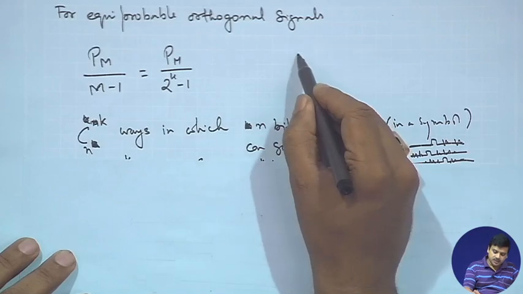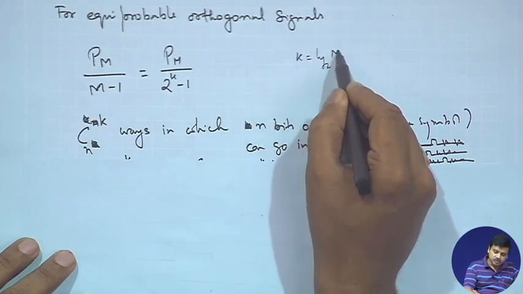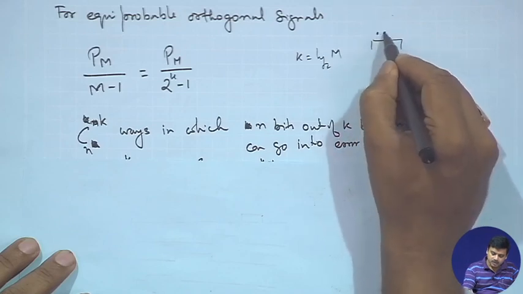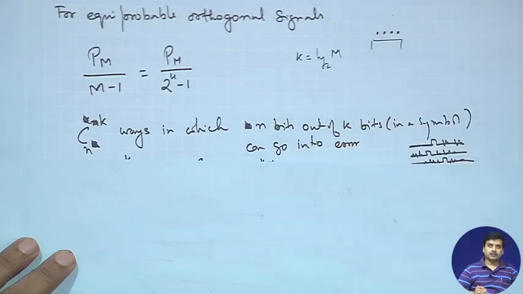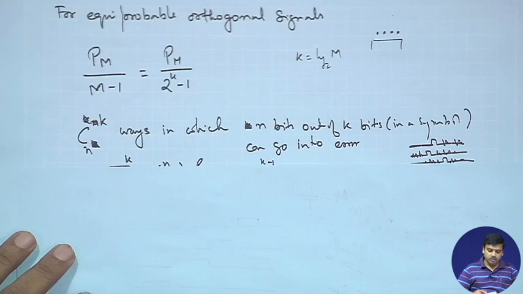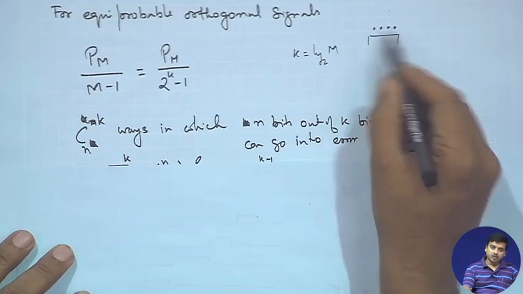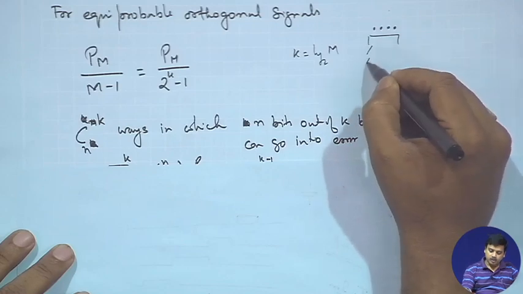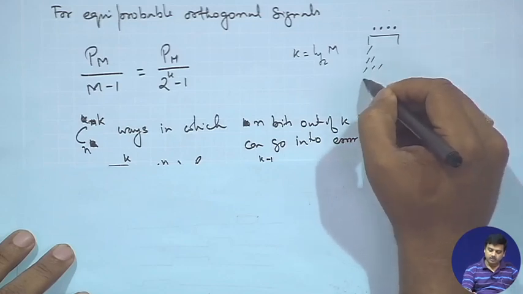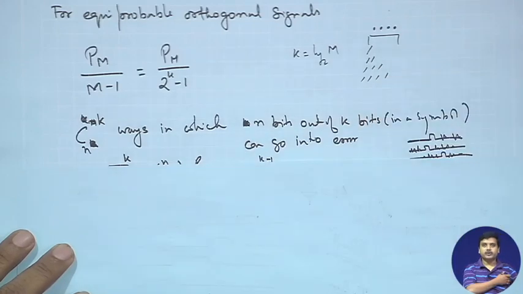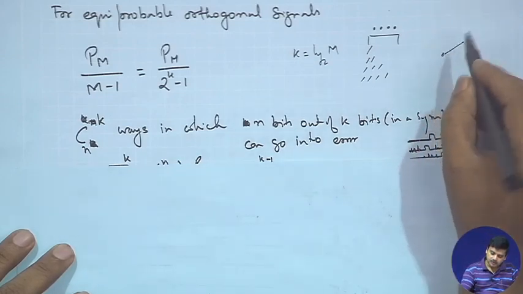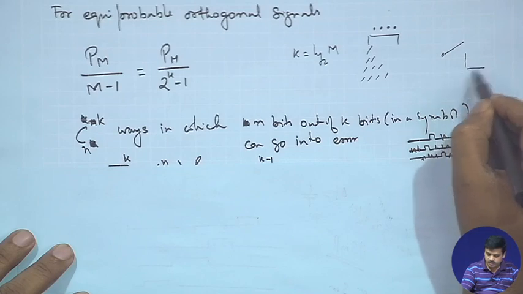That means, since k is equal to log base 2 of m, each symbol duration consists of k bits, right. So, all what we are trying to do is, a symbol can go into error by 1 bit going into error, or 2 bits going into error, or 3 bits going into error, or 4 bits going into error.